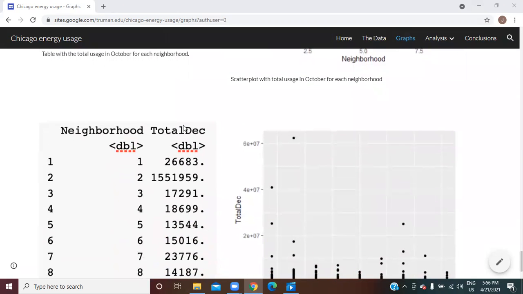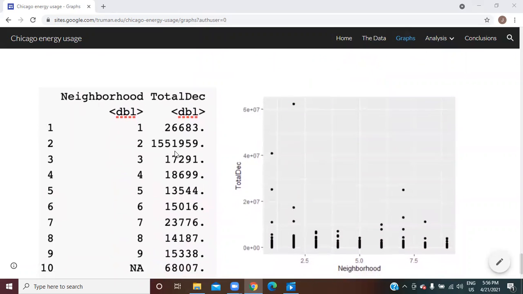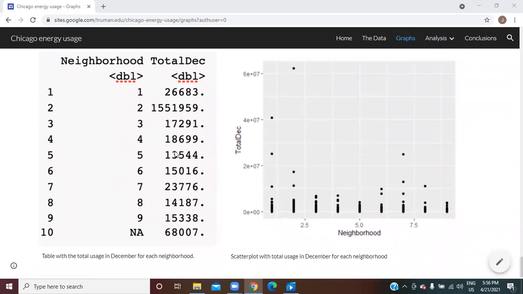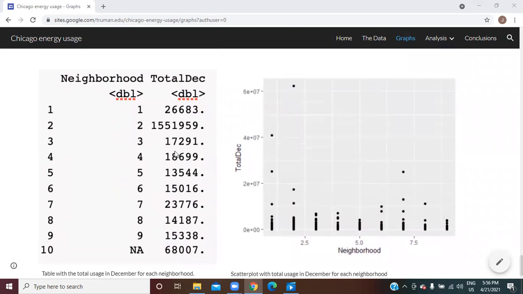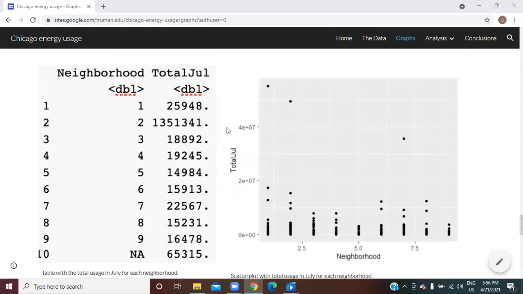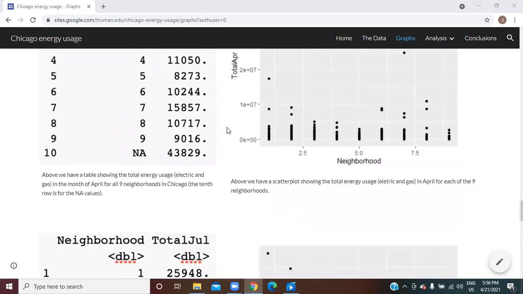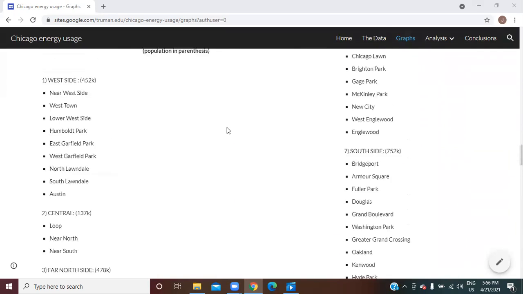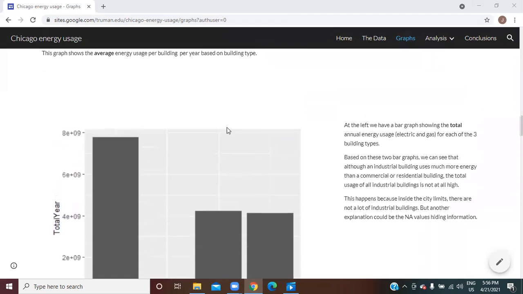And this is because of summer and winter and all the extra usage that comes with that. And so from these tables, we could understand which neighborhoods use more energy, and we could also understand which months use more energy. And so it was very helpful for us in order to continue to understand further all our data. And now, to talk more about the analysis, I'm going to pass the control.